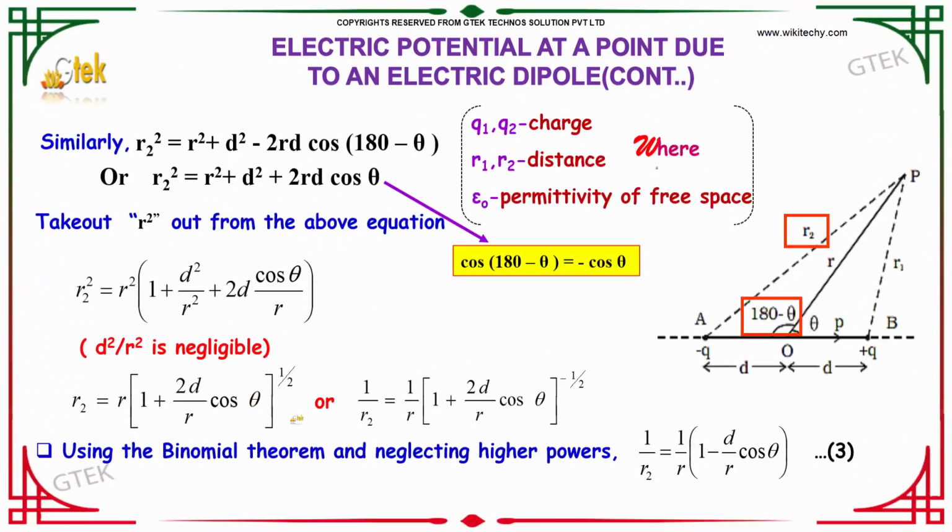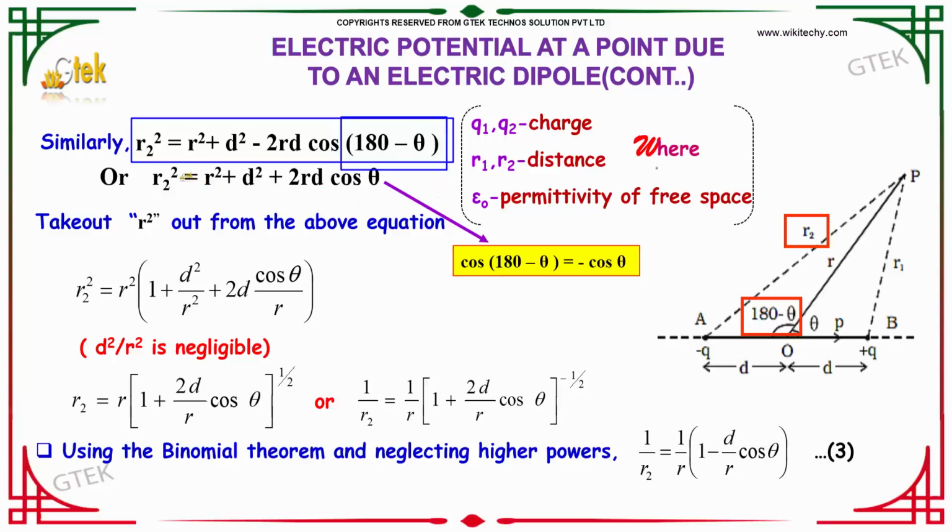Similarly, let us find out r2. So r2 square will be r2 plus d. So this is the equation, that is r2 square equal to r square plus d square minus 2rd cos theta. Over here cos of 180 minus theta.